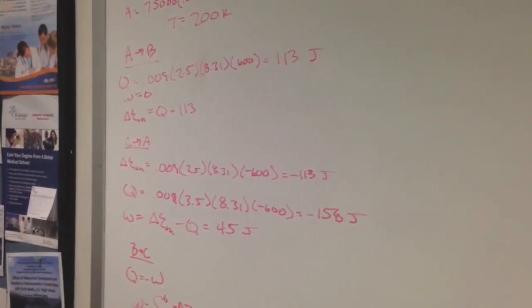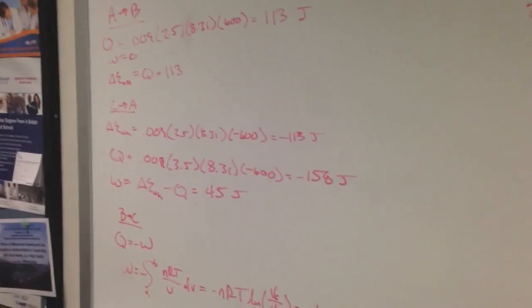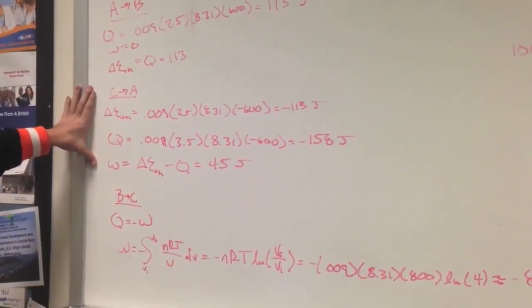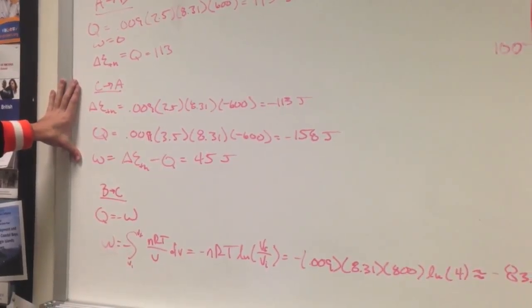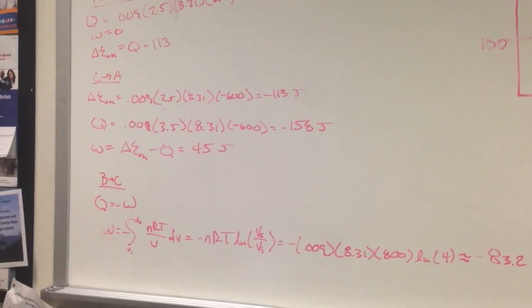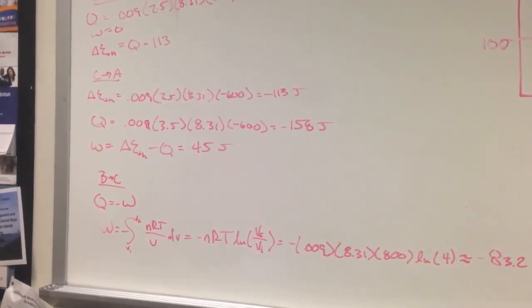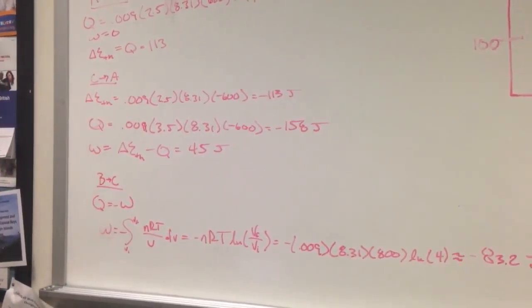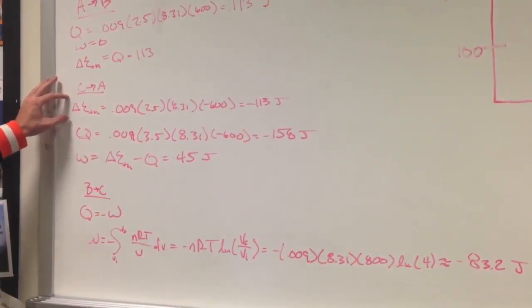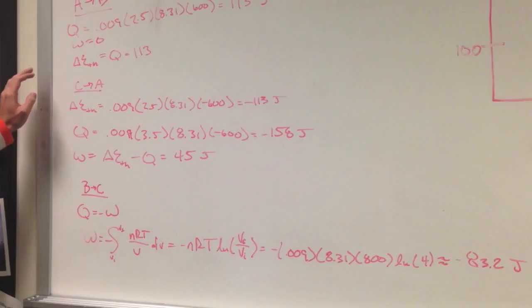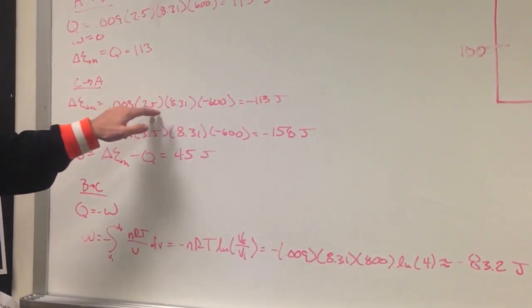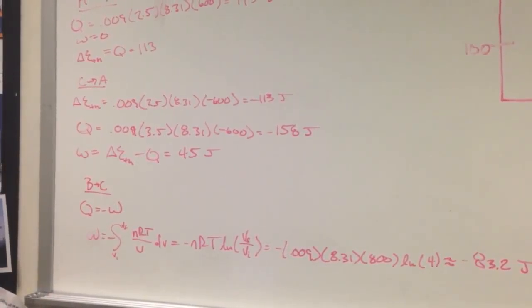Next, what we solved for was the process from C to A. C to A is the process which is isobaric, which means that the pressure remains constant. In this process, the change in thermal energy is equal to the number of moles times the CV constant times the change in temperature.